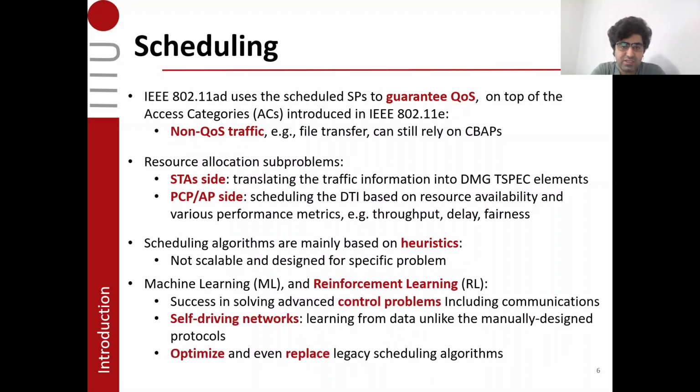Nowadays, machine learning and especially reinforcement learning are successfully applied in solving advanced control problems, even in telecommunications, through the emerging self-driving networks, in which the networks learn from data how to operate instead of using manually designed protocols, which can be optimized and in some cases replace the legacy scheduling algorithms.